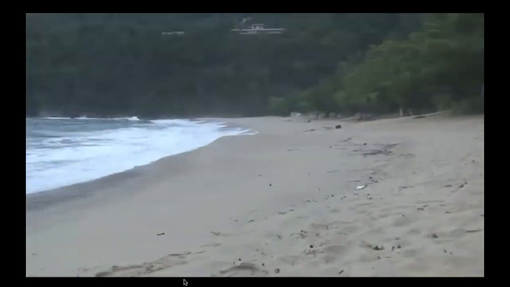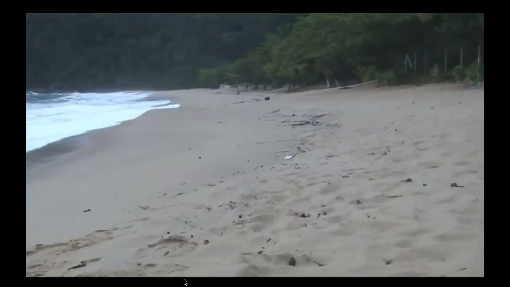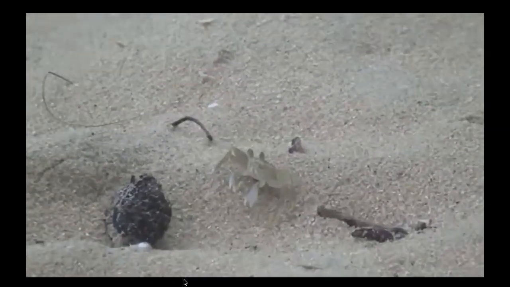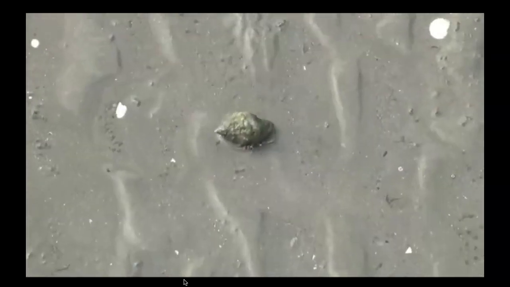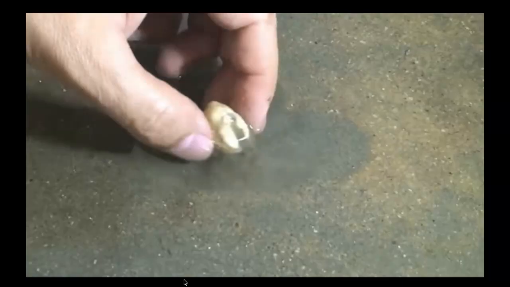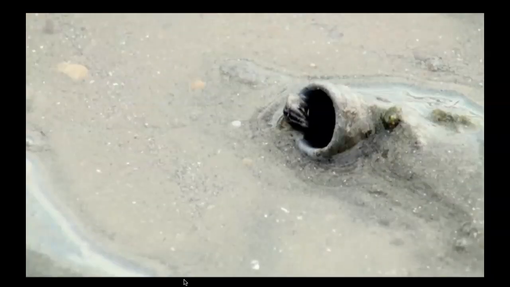This apparently uninhabited environment, however, reveals an enormous diversity of life forms. A careful watcher may easily notice many species of animals, like crabs, hermit crabs, clams, and marine worms.